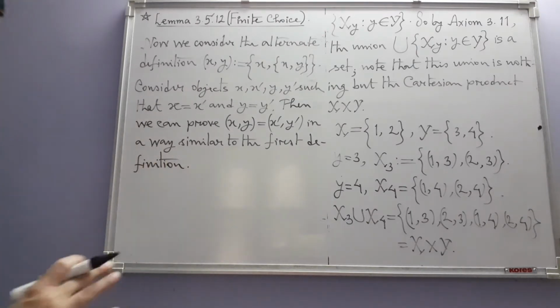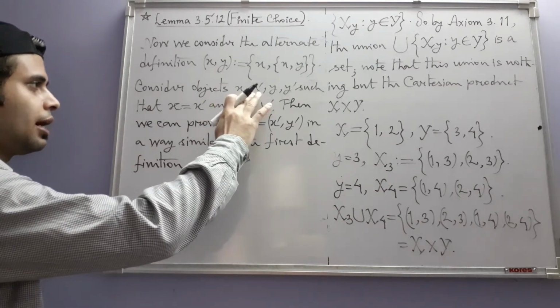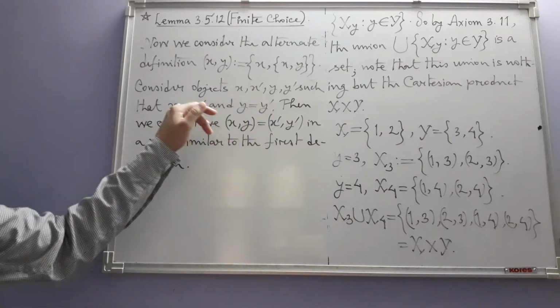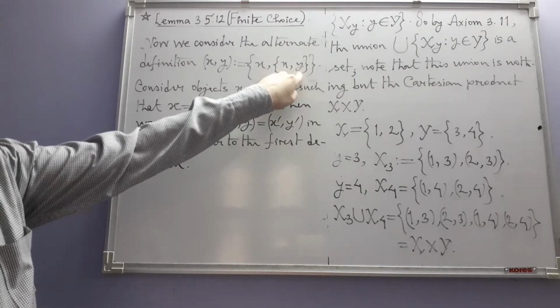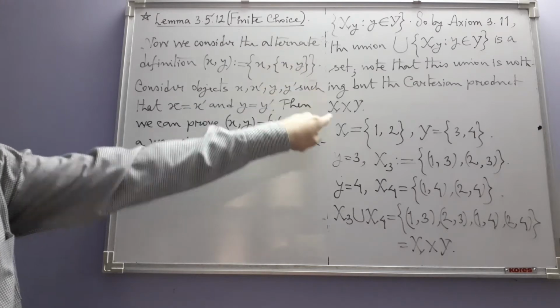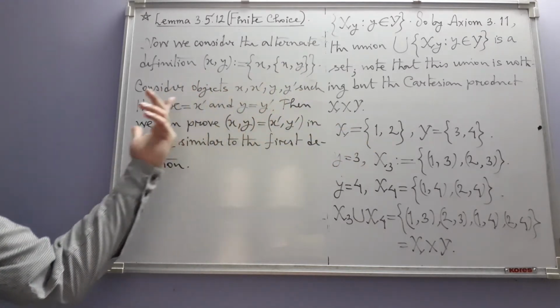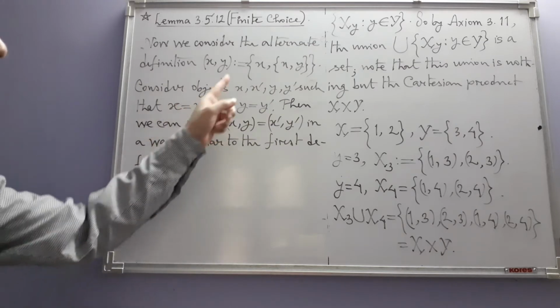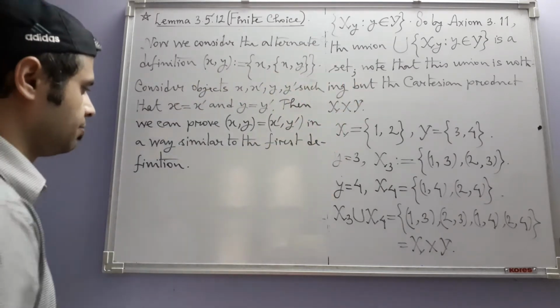So this part can be done. You just argue like this: since x is equal to x prime and y is equal to y prime, the set x comma y will be equal to the set x prime comma y prime, and then using that and again this equation, you directly get that the two ordered pairs are equal.